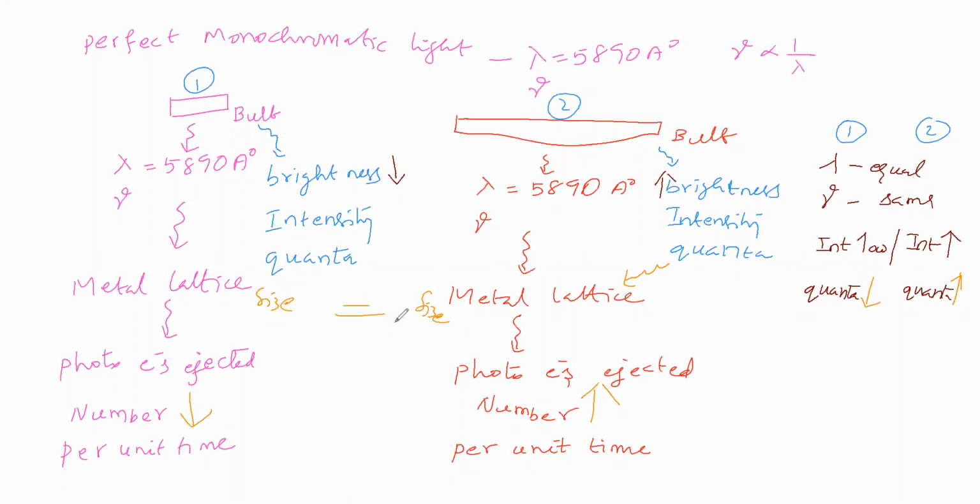Okay. Next point is the number of photoelectrons ejected and the intensity of radiation.